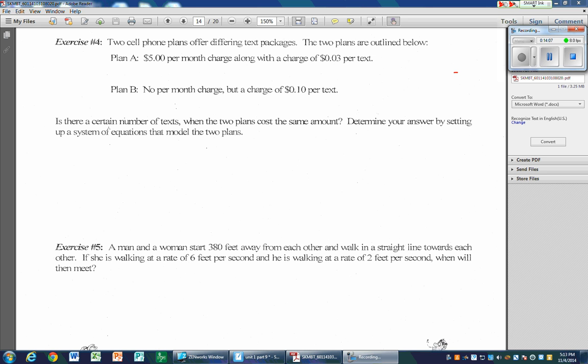So let's write an equation for plan A. Plan A, $5 per month. No matter what, that's going to be constant. Constant, $5 per month. So that's what we call the y-intercept. The rate of change, Tom versus Sally versus Mike versus George versus Patricia, is 3 cents per text message.